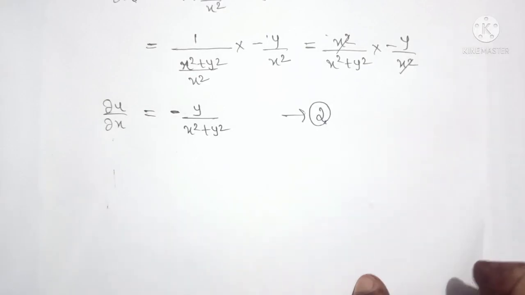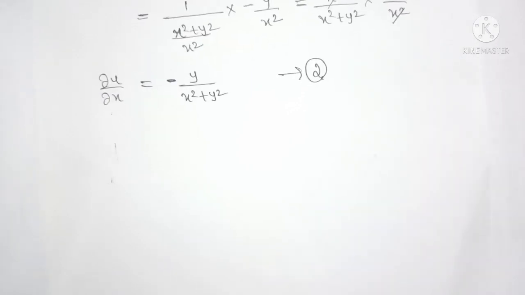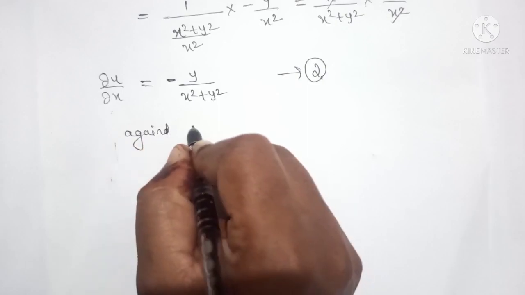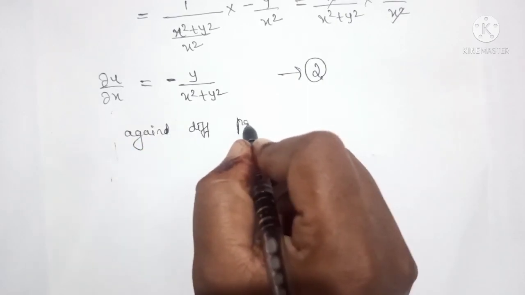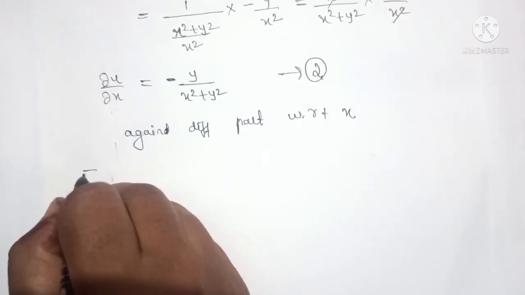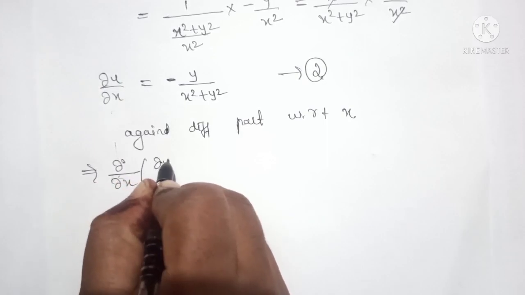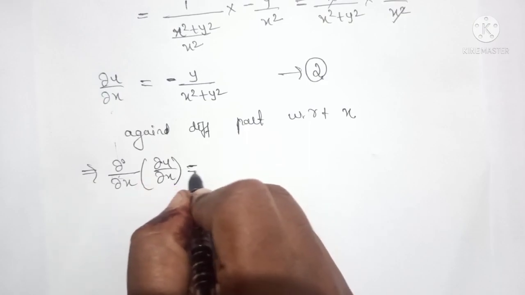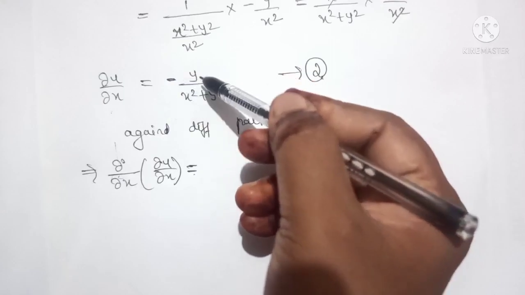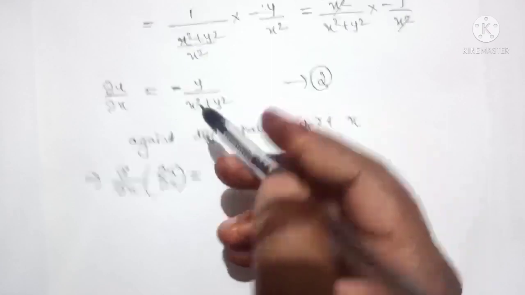So now we get, again differentiating partially with respect to x only, dou by dou x of dou u by dou x. Here the numerator doesn't contain an x term, only the denominator contains x terms, therefore we can directly differentiate this one.